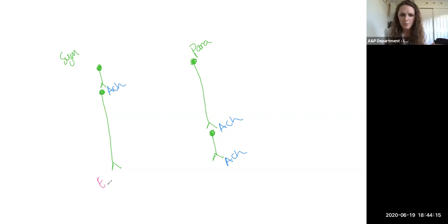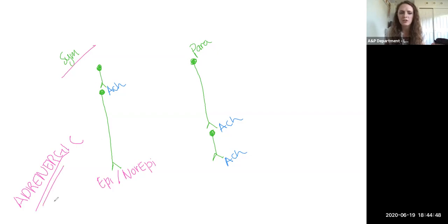So you have your epi and your norepi. This makes your sympathetic nervous system adrenergic. That's a word you're going to need to know. Adrenergic. Anywhere there's epinephrine and norepinephrine, it's going to be adrenergic. So your sympathetic system, its postganglionic neuron is adrenergic.